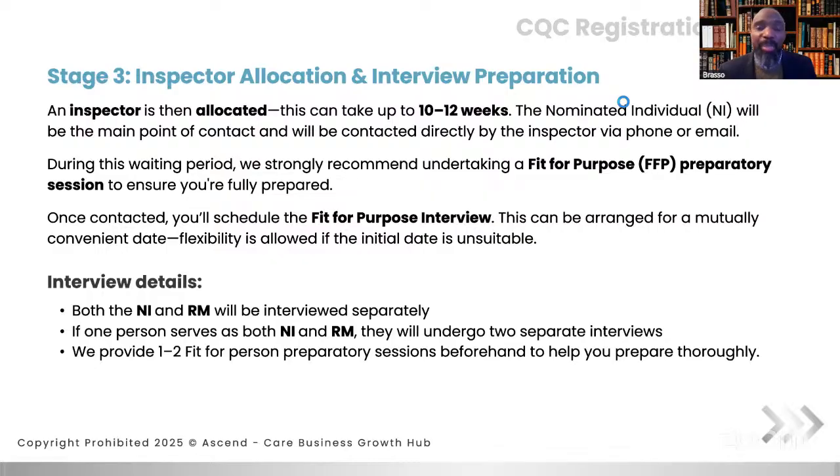Once the inspector is happy, the next thing is the fit for purpose interview. They'll give you a date. If it's a care home, they will be coming to your care home. Domiciliary care and supported living are supposed to be home visits too, but in my experience since COVID, I've seen most interviews done virtually, either by telephone or video.